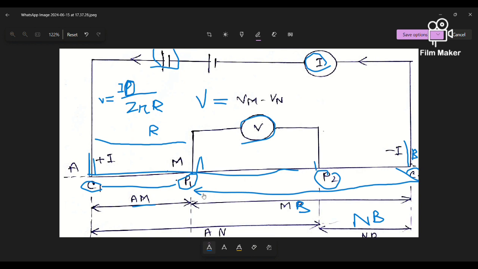So with this distance, the voltmeter reading and the ammeter reading, we put them in this formula and determine the voltage and the resistivity. So here VM and VN. We will see how this formula is produced.